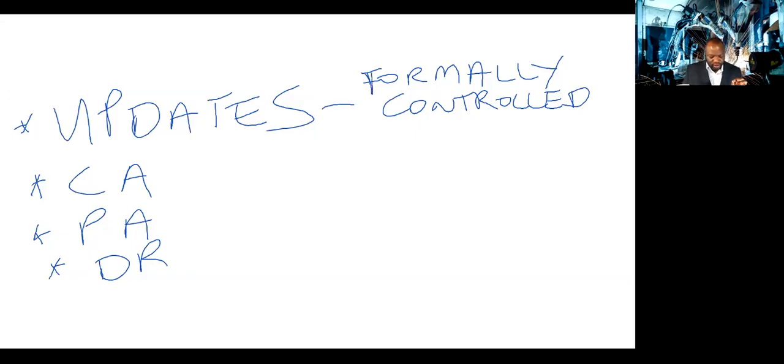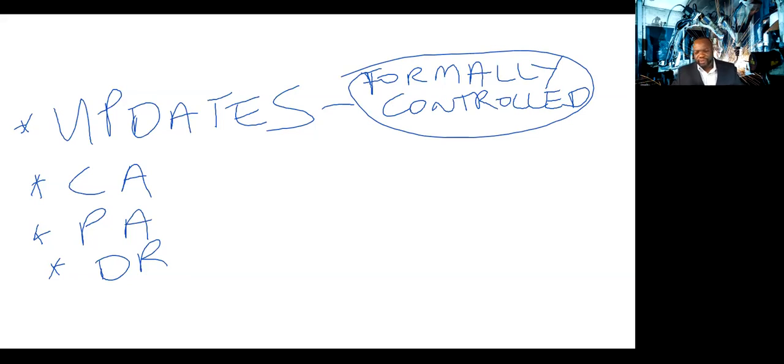It says, changes to formally controlled project documents, plans, etc. to reflect modified or additional ideas or content. So the key thing is formally controlled. If they are formally controlled, we need a change request. If they are not formally controlled, under most circumstances, we do not.